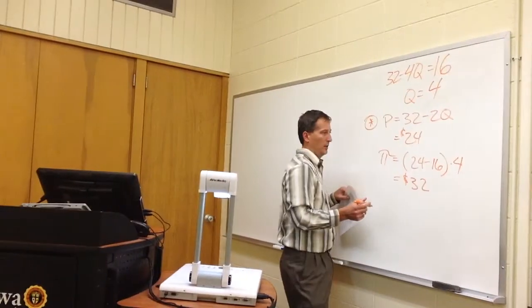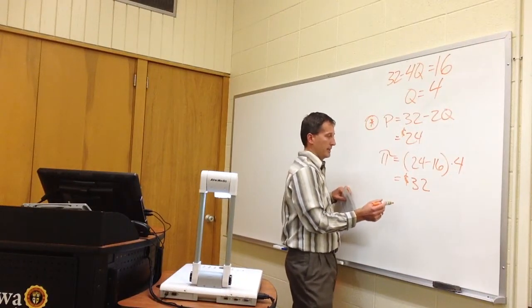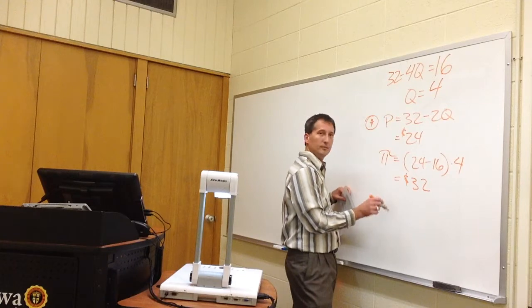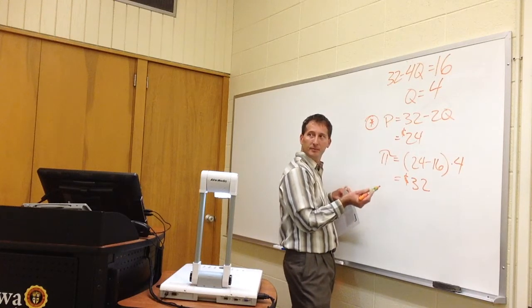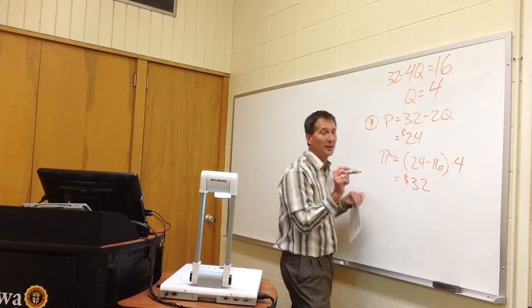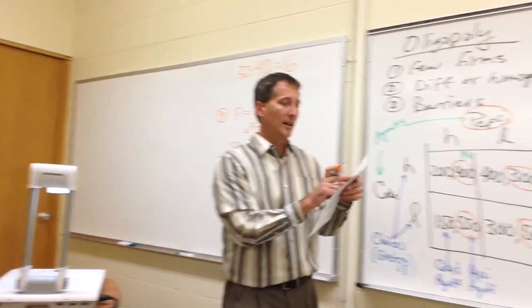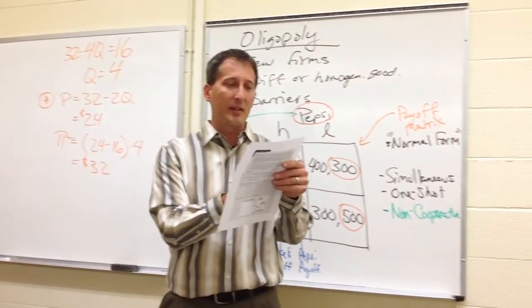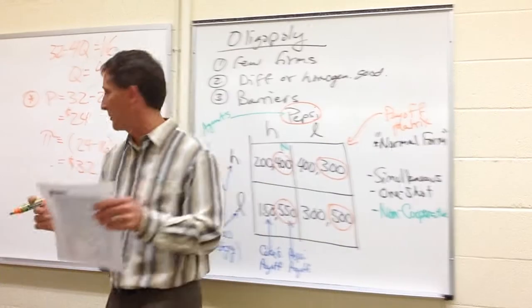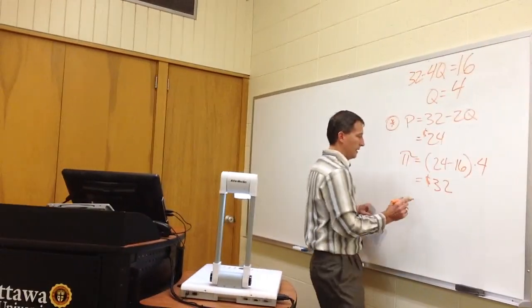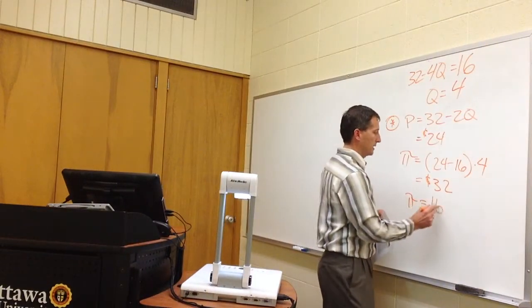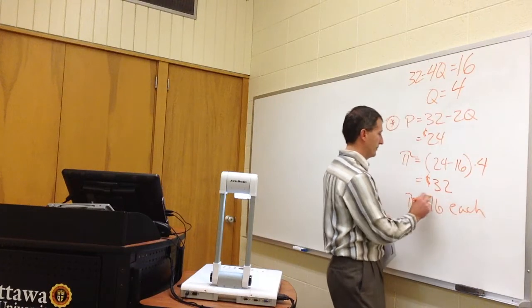So what is it for each firm? 16. We can do better than assume it. In the problem, it said they're going to evenly split. Oh. So that's where we get the evenly split part. So profit equals $16 each.